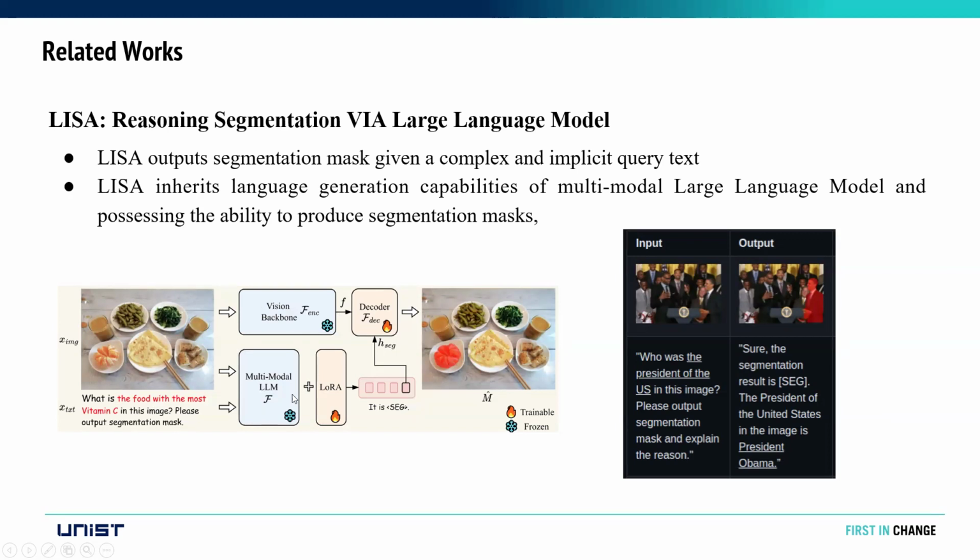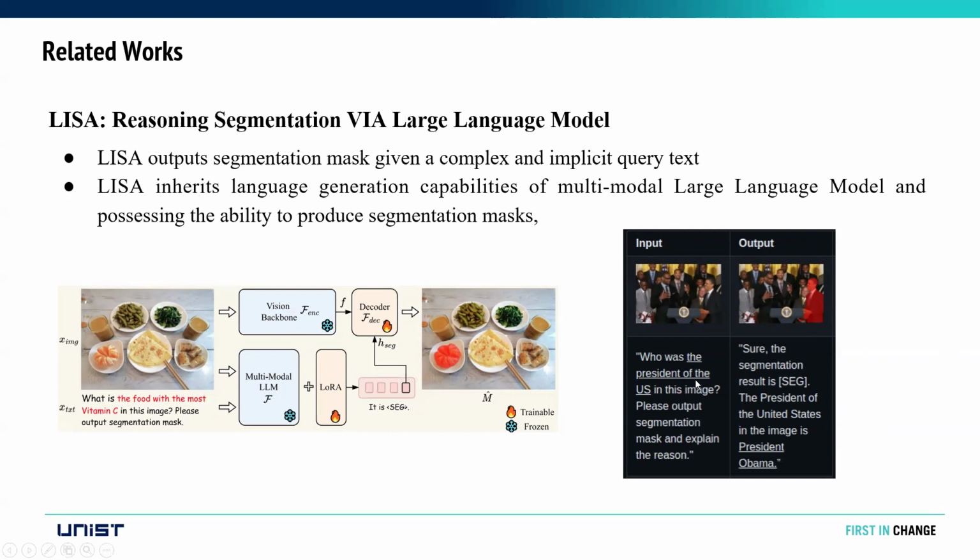As the large language model has knowledge about the vitamin C food here, it can output a segmentation mask on the apple.